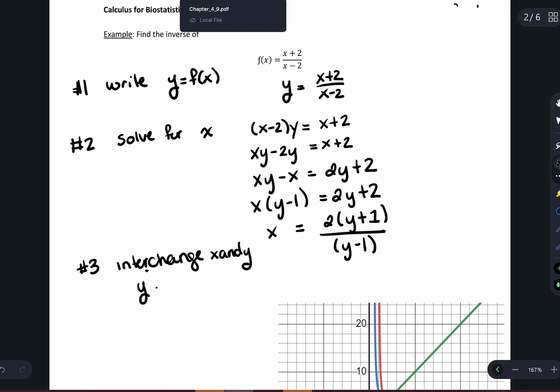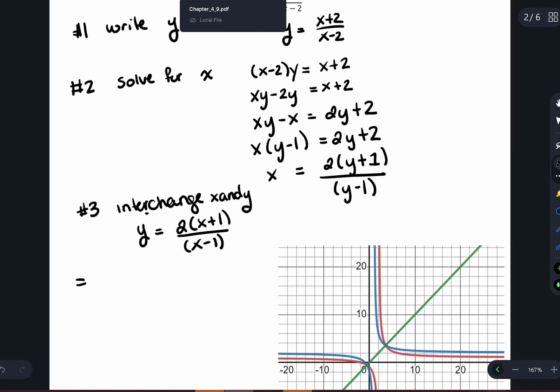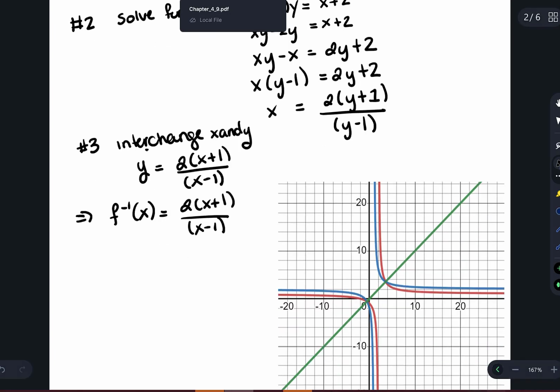And so we end up with y is equal to 2 times x plus 1 over x minus 1. And then therefore the inverse function is equal to 2 times x plus 1 over x minus 1. So let's look at what this looks like on a graph.